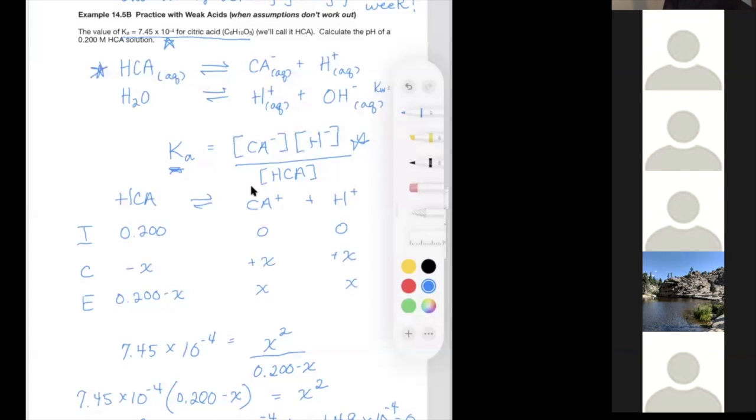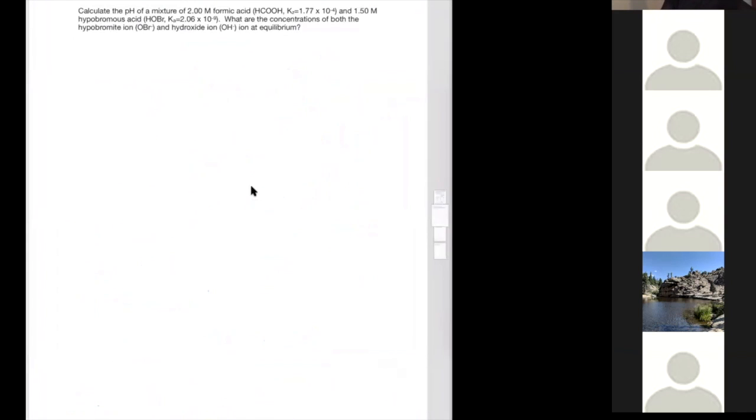All right, let's look at the next one, which is the pH of a mixture. So if we have a mixture of weak acids, how do we deal with that? Remember, the very first thing that you do is determine what substance in the solution is causing the greatest effect on the pH.